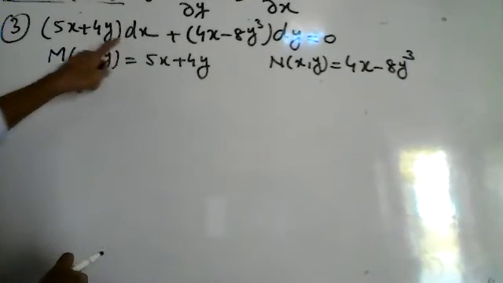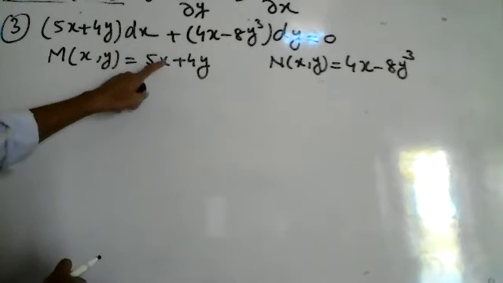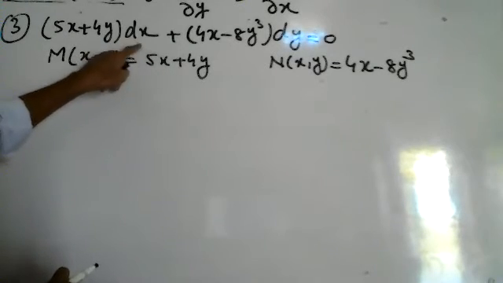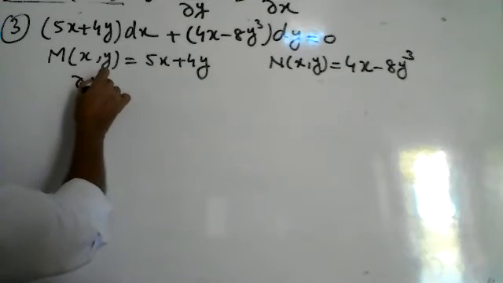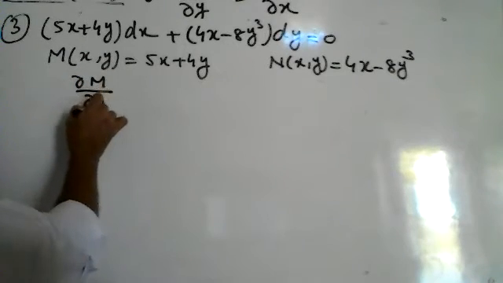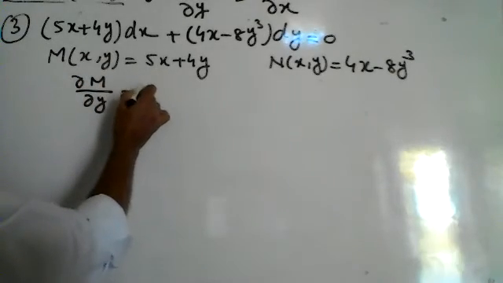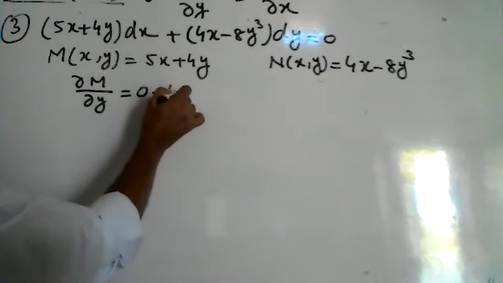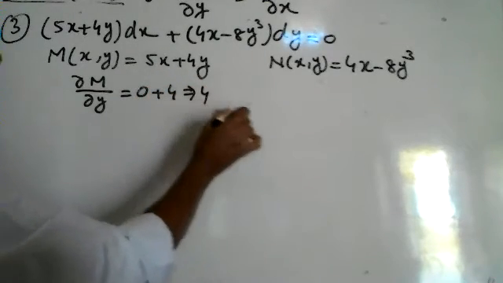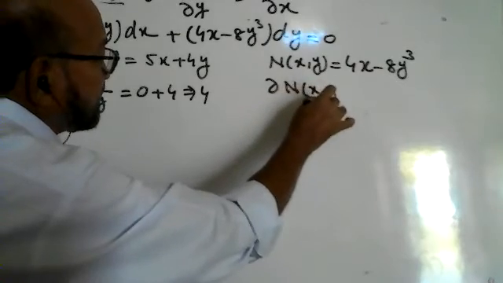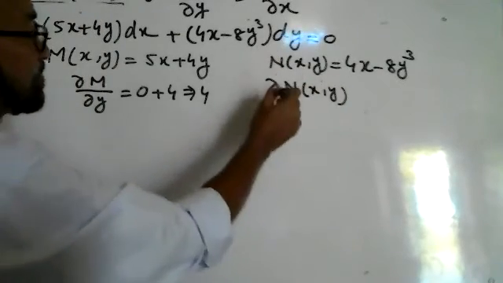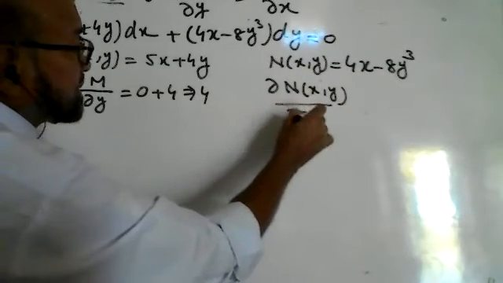So that was with respect to x. So we have to differentiate with respect to y. Del M upon del y. This is 0, this is 4. So the answer is 4. That was with dy, so we will differentiate with respect to x.